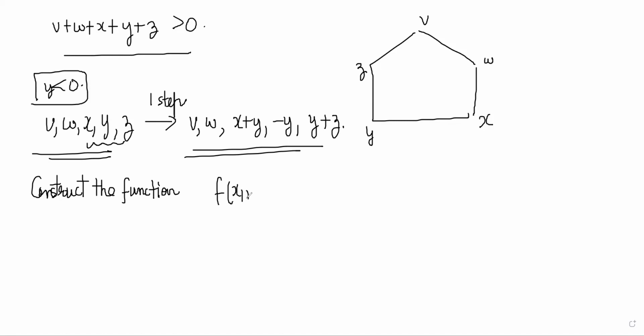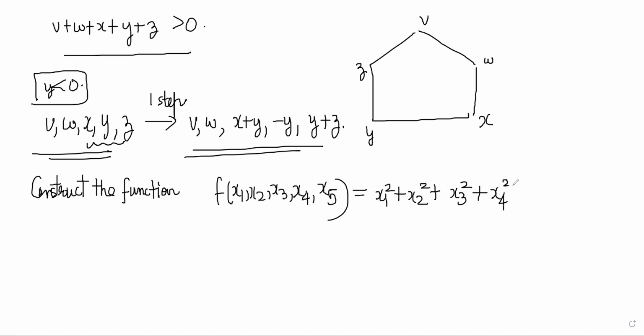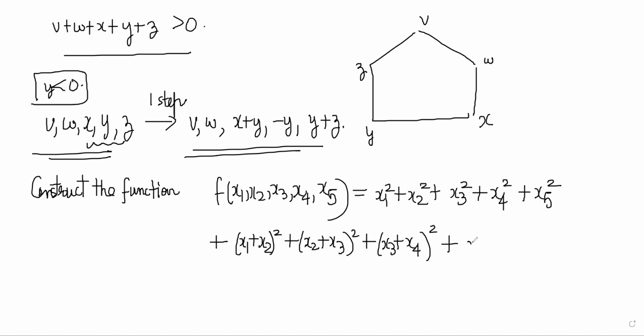Function f of x1, x2, x3, x4, x5 is equal to x1 square plus x2 square plus x3 square plus x4 square plus x5 square plus (x1 plus x2) square plus (x2 plus x3) square plus (x3 plus x4) square plus (x4 plus x5) square, and finally (x5 plus x1) square.